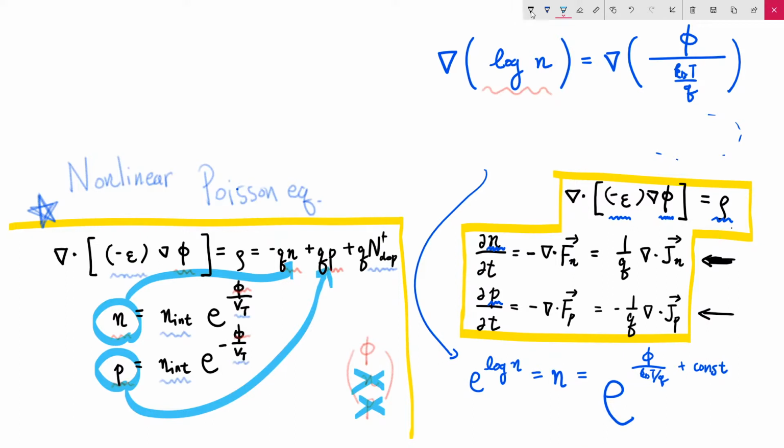Then we will have just one equation which contains just phi as the only unknown variable. However, please do not follow that way. Just keep electrostatic potential, electron density and hole density as three equations, and please try to solve this system.